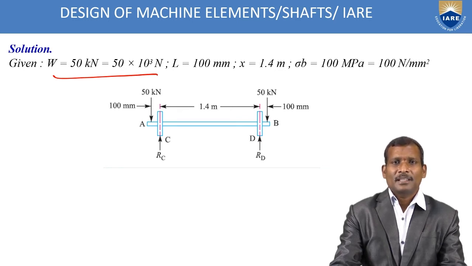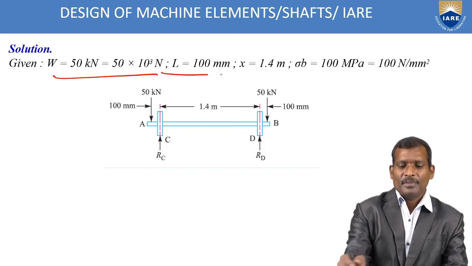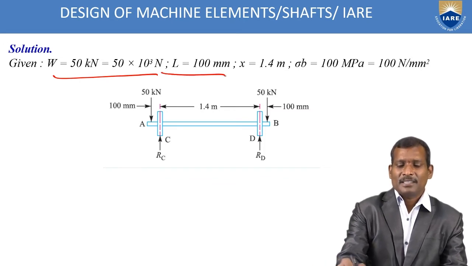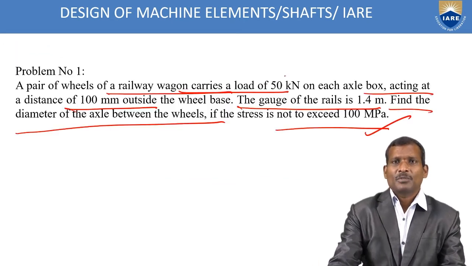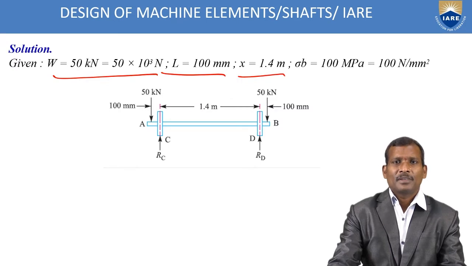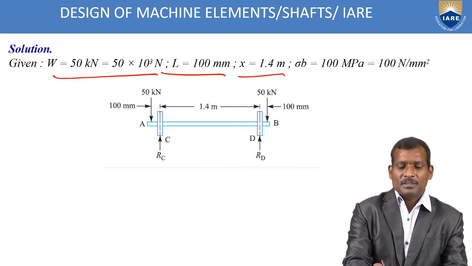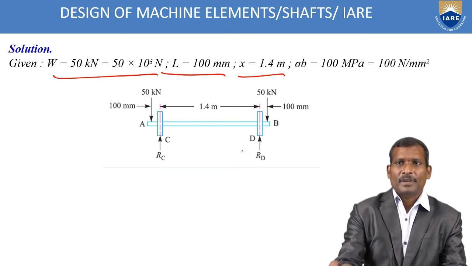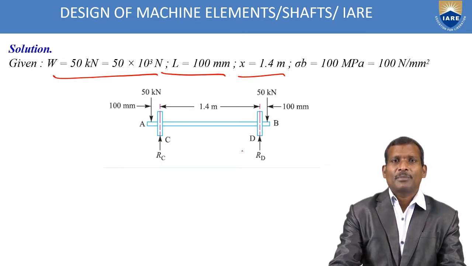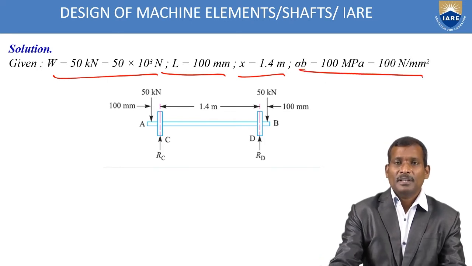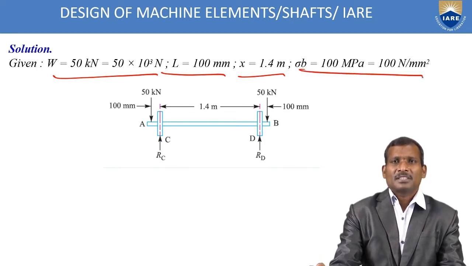The length is 100 mm. What is x? The x is 1.4 meter, the gauge of the rails, as shown in the figure. The sigma b is 100 megapascal; you can convert into N/mm square. Clear? This is the maximum stress.